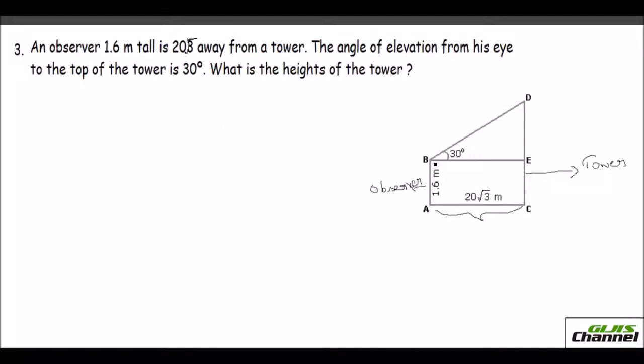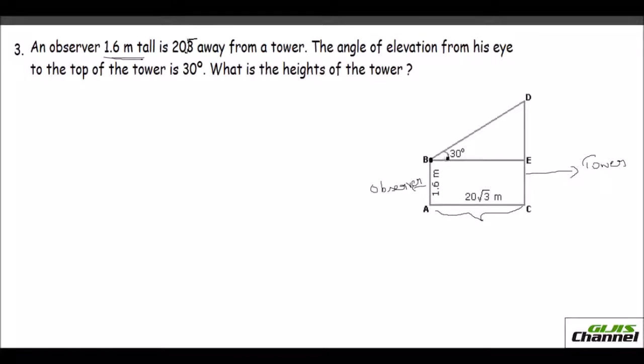Now since the height of the person is given, your eye level would be here, not from the ground level. If they haven't mentioned anything about the height, maybe you can take the angle of elevation from the ground level. Here, since the observer's height is mentioned, the normal eye level is BE.